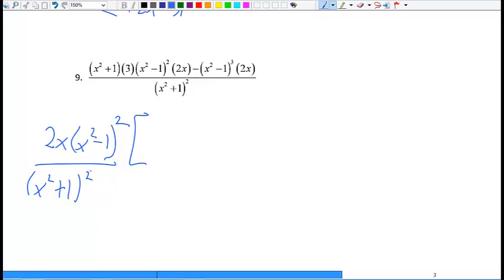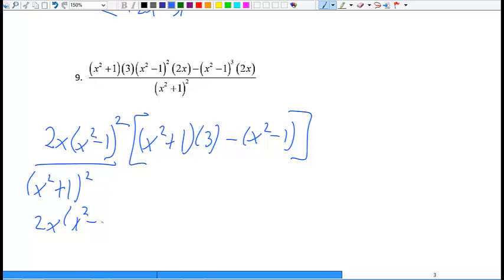All right, well, what got left behind? The x squared plus 1 didn't get to come out. The 3, so times 3, and then everything else in that term did. Next door we have, let's see, the 2x came out and the x squared minus 1. We got two of those, so we're just left with one single x squared minus 1 term. So that's 2x over x squared minus 1 squared over x squared plus 1 squared times whatever I simplify here.